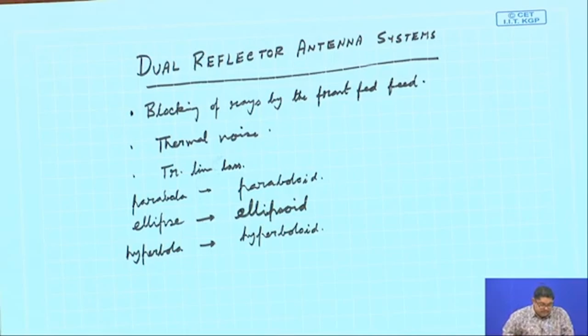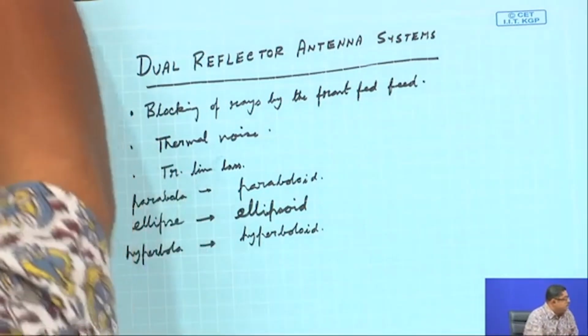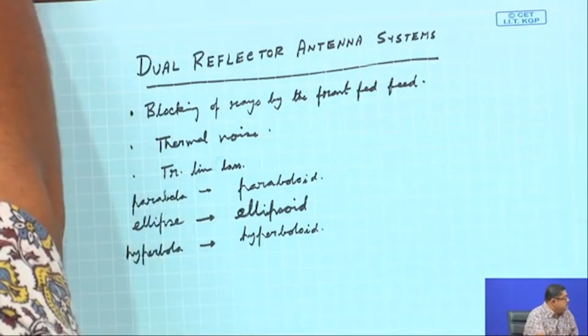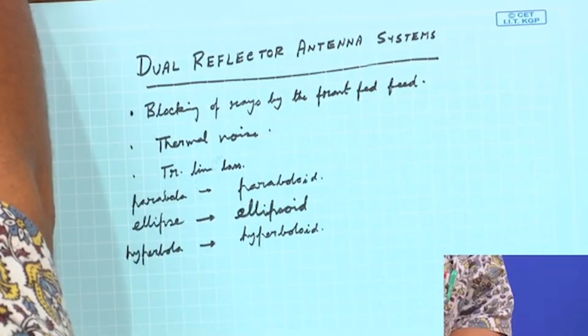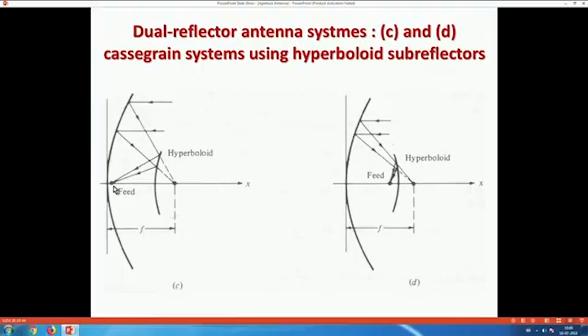In general, for Cassegrain reflectors, the feed is in a convenient position, as you can see that the feed is here, and the feed is looking at the sky like the paraboloid. So, it is not collecting the noise from the ground.